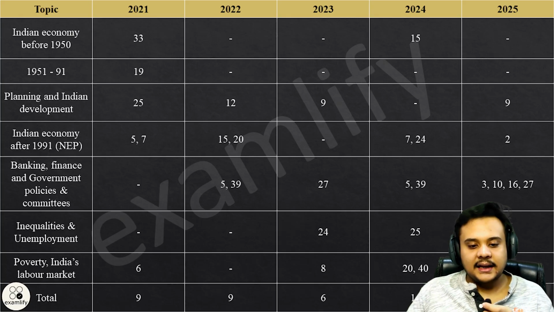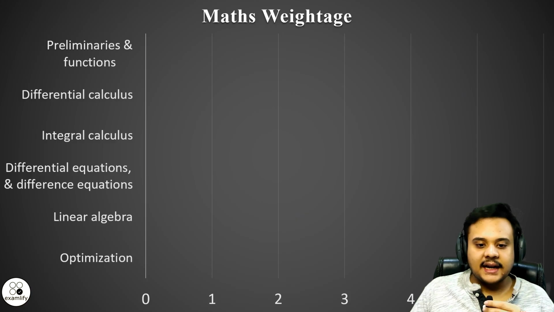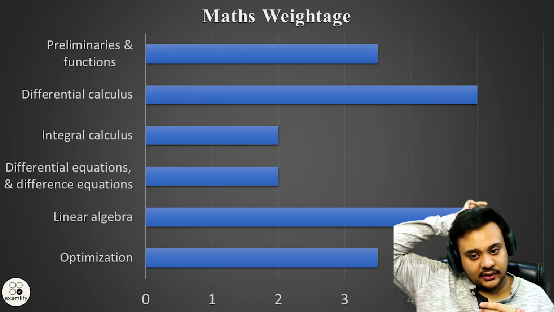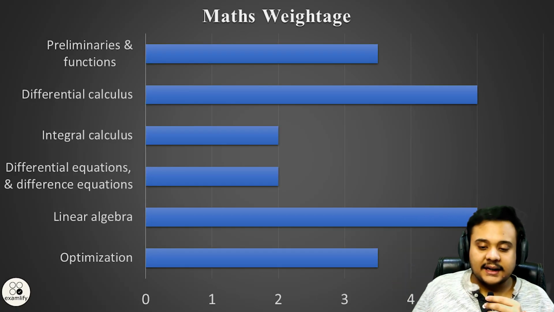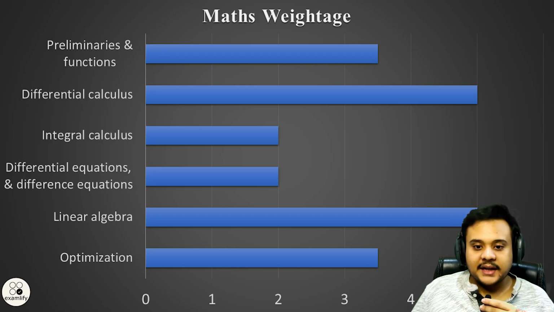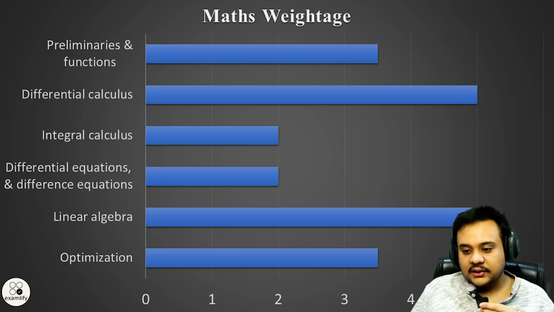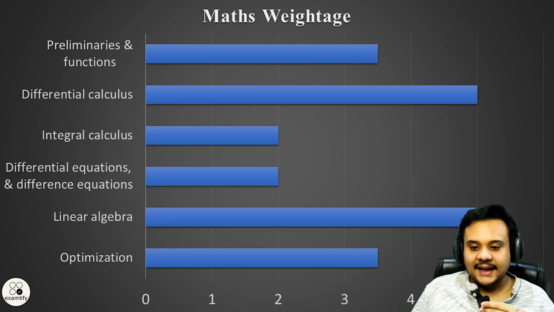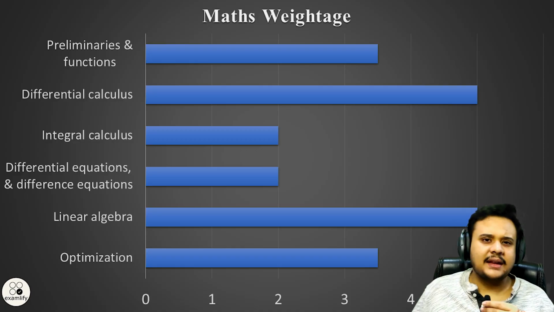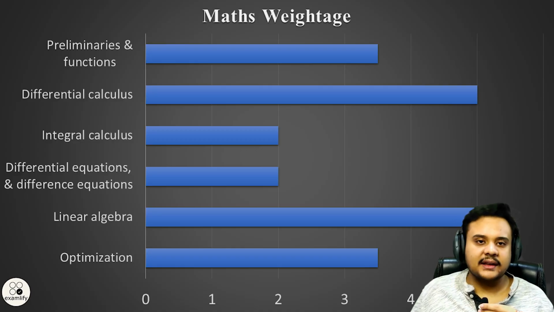Then finally, we have the maths weightage. Again, the third most, or I would say at a tie with macro, I think the second most important subject, with functions at almost 3.5 marks, differential calculus at 5 marks, integration at almost 2 marks, like one question, I think.